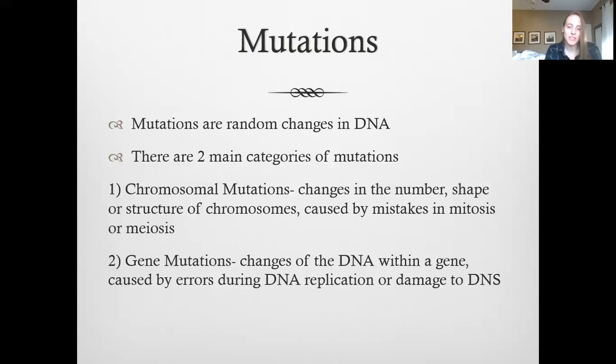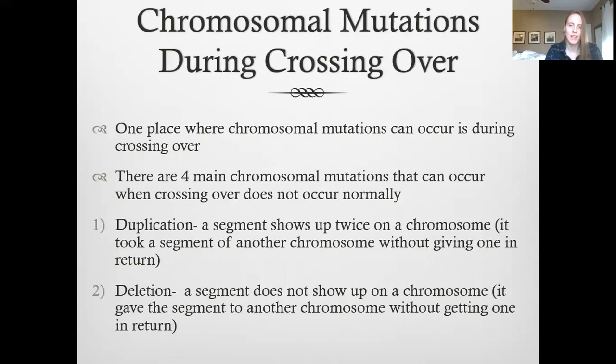Gene mutations are when the DNA itself is damaged within a gene. Usually this happens during DNA replication, which takes place in the S part of interphase, or when the DNA is damaged from external mutagens like chemicals or radiation and stuff like that.